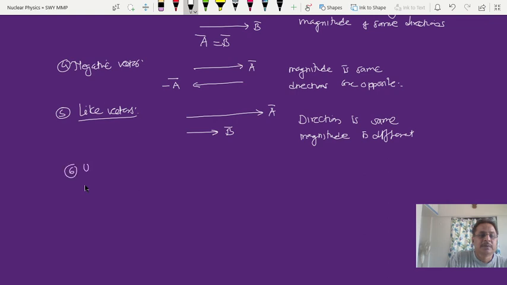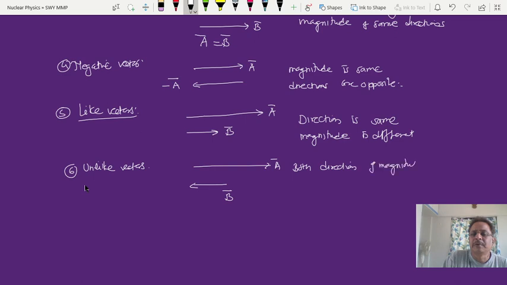Then sixth, unlike vectors. Just draw the opposite figure to this. This is vector A bar and this is vector B bar. Unlike means they are not alike at all, so their directions are opposite or different and their magnitudes are also different. Both direction and magnitude are different.